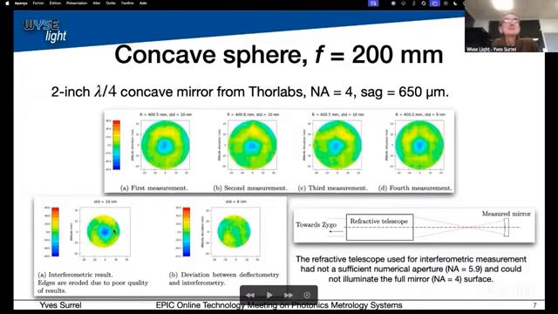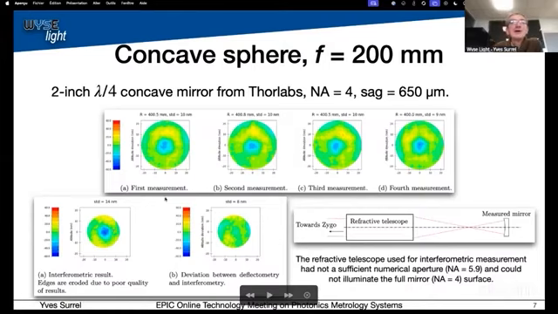First, it's a simple measurement of a spherical concave mirror. And you see the deviation, every time we present the results as the deviation to the nominal shape. So what you see is the deviation to the nominal shape, so deviation to the best sphere.